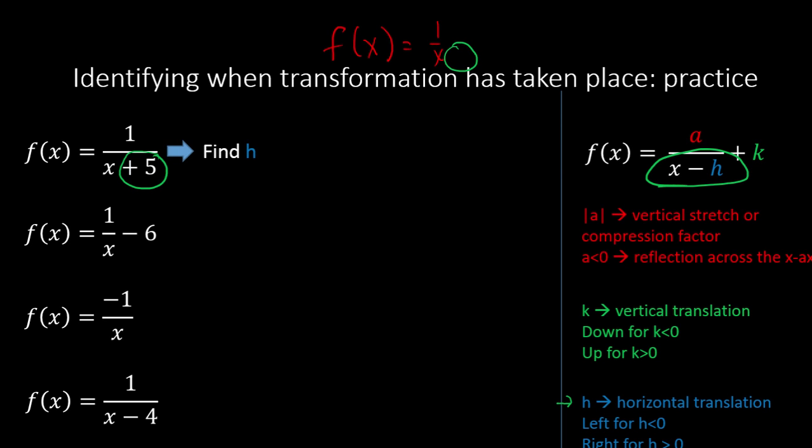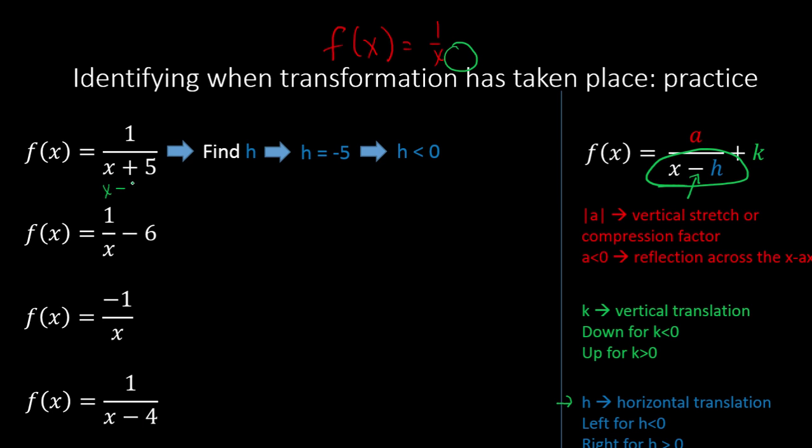So what's the value of h here? The value of h is negative 5. Where did I get that from? Notice that here I'm subtracting an h. Here I added a number. So really what I have is x minus negative 5. And in fact, I encourage you to rewrite that every time so that you always have that subtraction in the denominator.